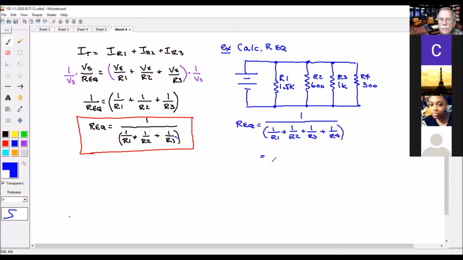So if I do that, it should come out to be 150 ohms.